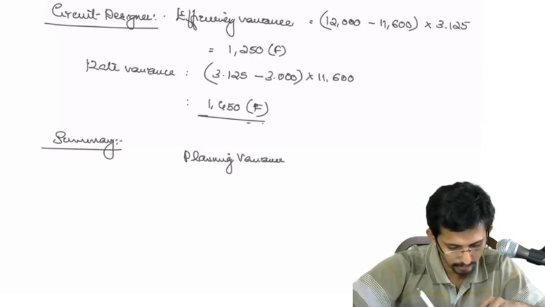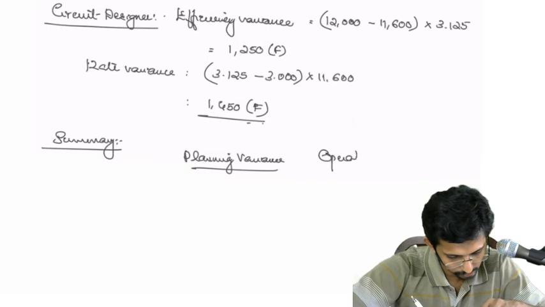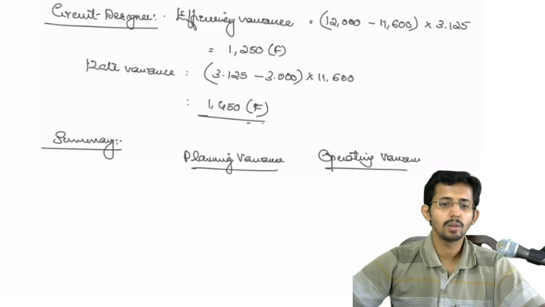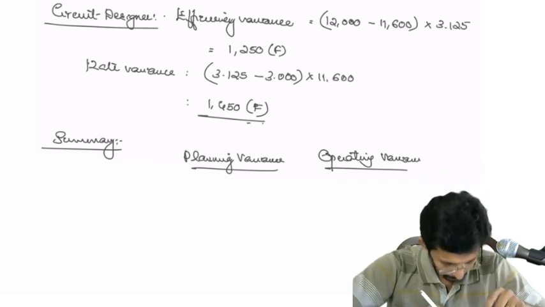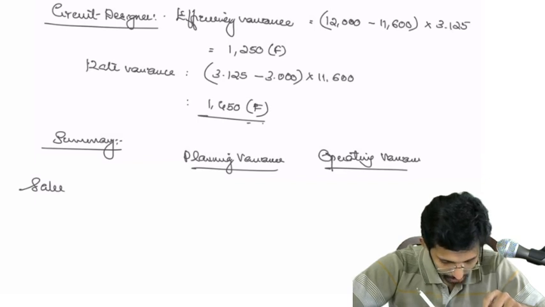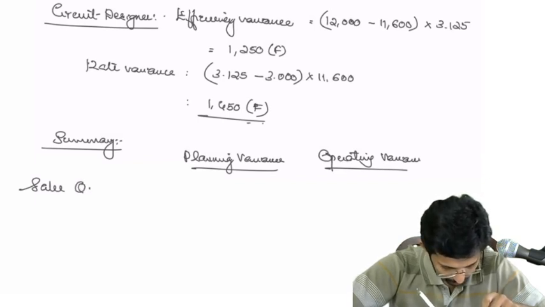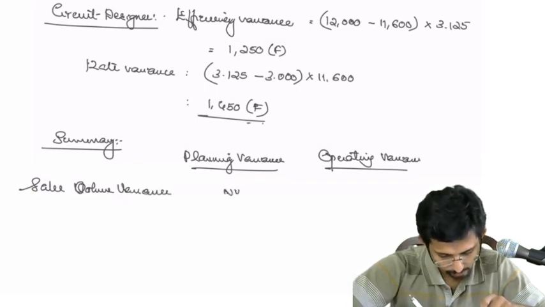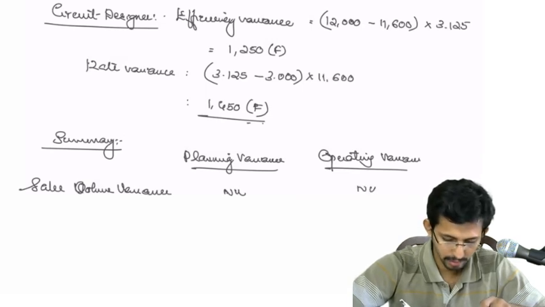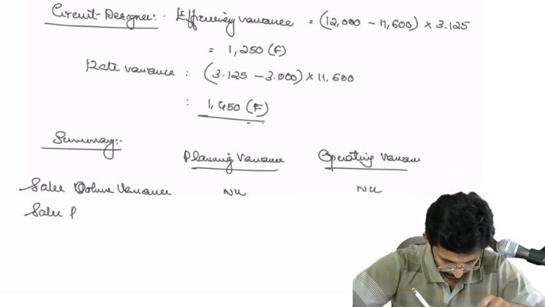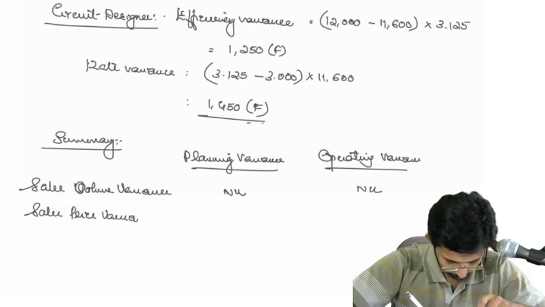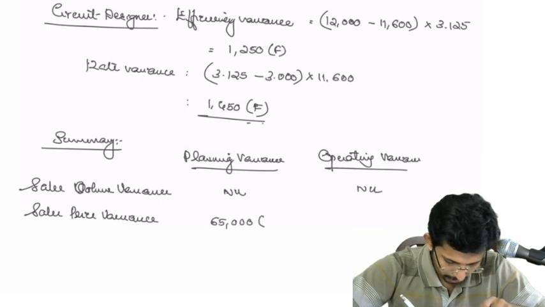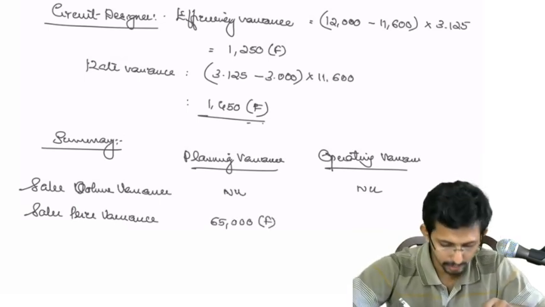Planning variance, operating variance. Okay, planning and operating variance. Sales volume variance: nil, then nil. Sales price variance, how do you compute that? 65,000 favorable and here 7,000 adverse.